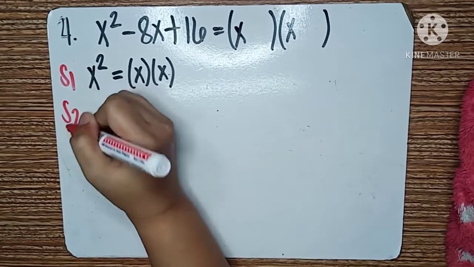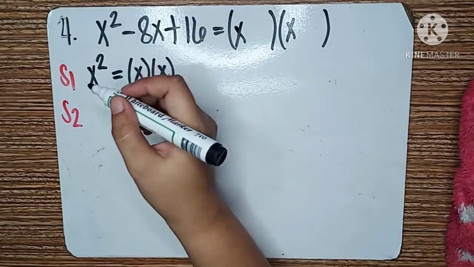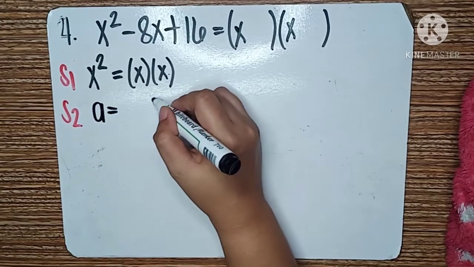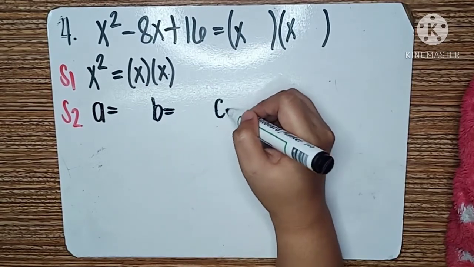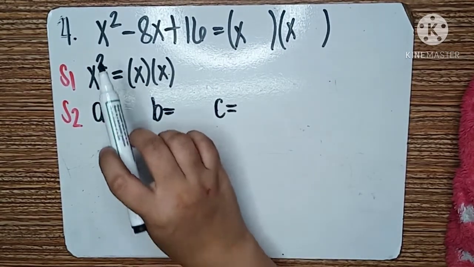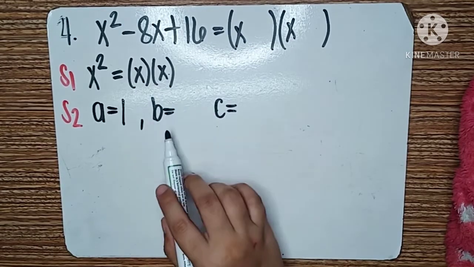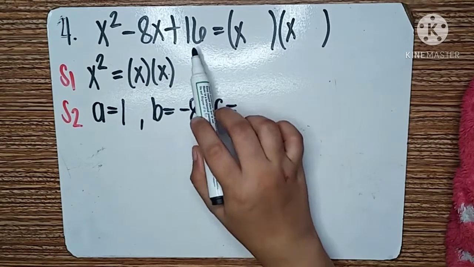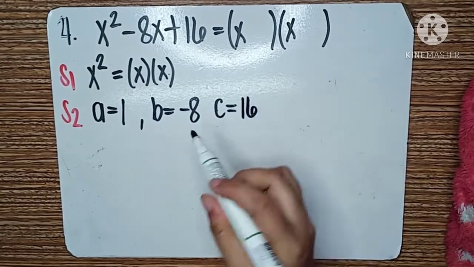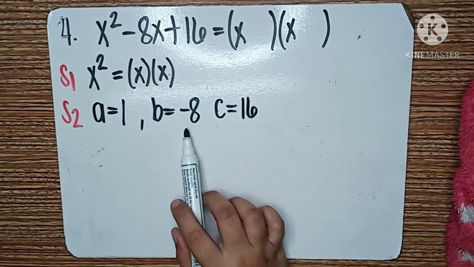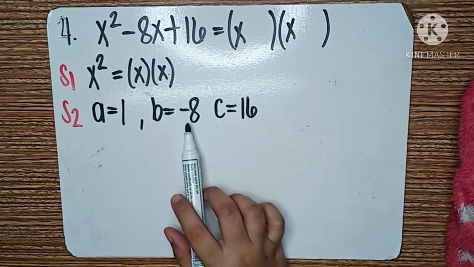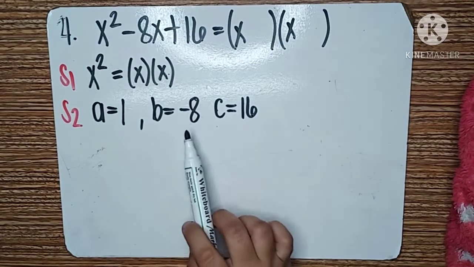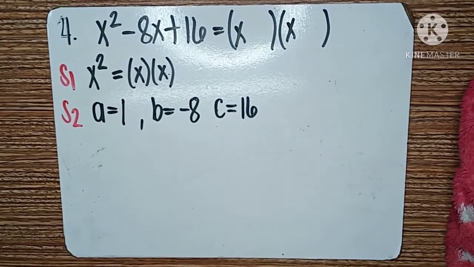Step 2, we'll identify the value of a, the value of b, and the value of c. The value of a is equal to 1, the value of b is equal to negative 8, and the value of c is equal to 16. So again, kaya ito negative 8 kasi kung anong operation, yun din ang sign. Negative 8 or minus 8.